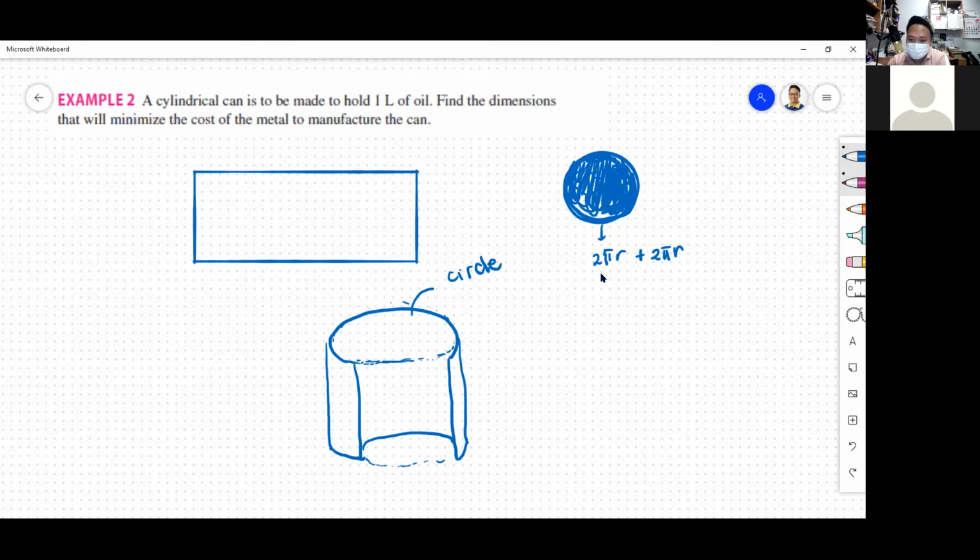That becomes the area of a circle. And what's the formula for the area of a circle? Pi r squared.